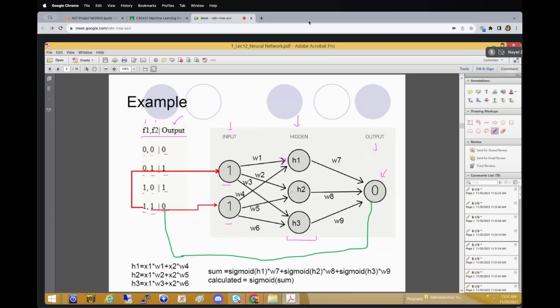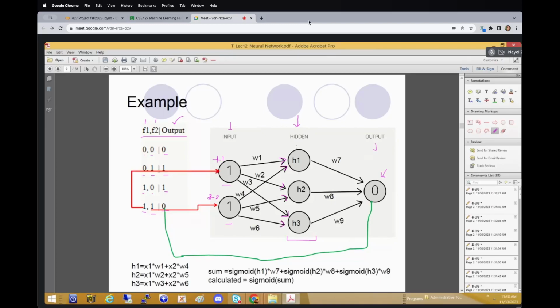The first input, if we consider it x1, is connected to h2, and x1 is also connected to h3, that is hidden unit 3. Similarly, x2, the other neuron, is connected to hidden 1, to hidden 2, and also to hidden 3. So that means full connections here.